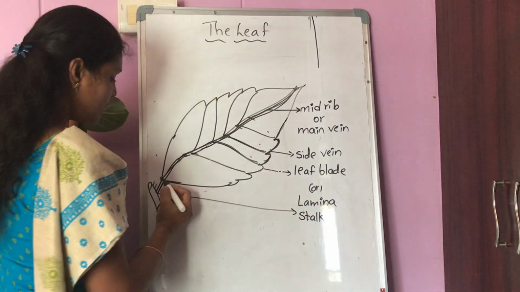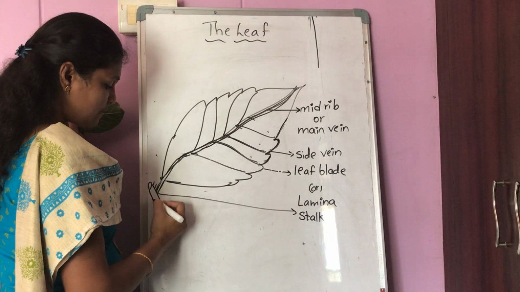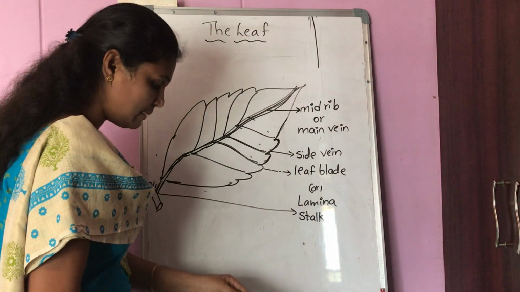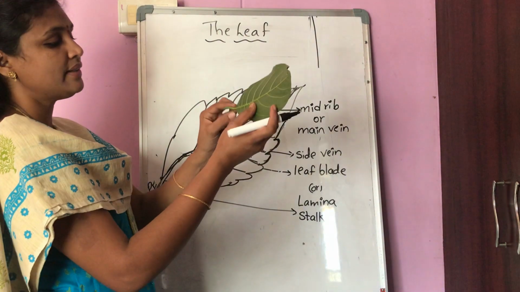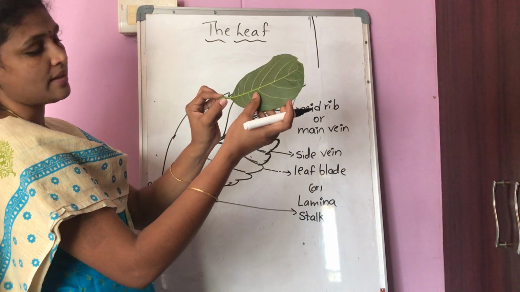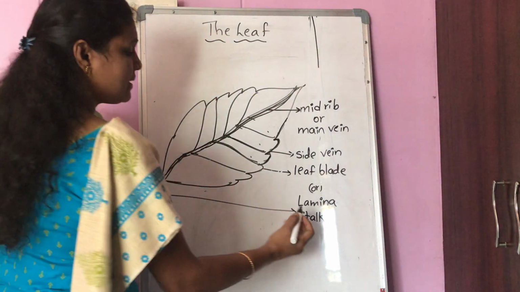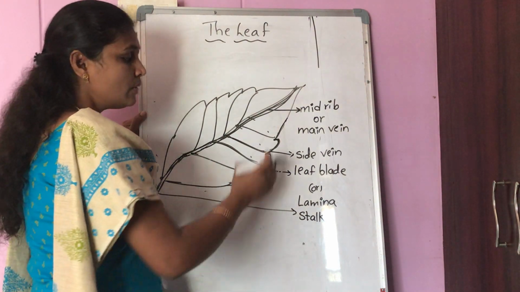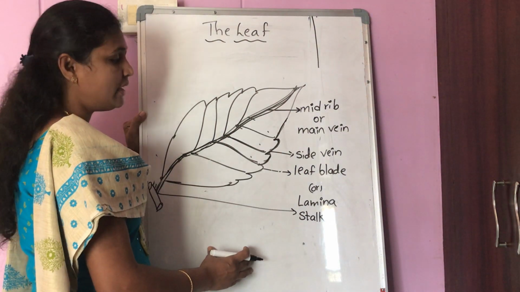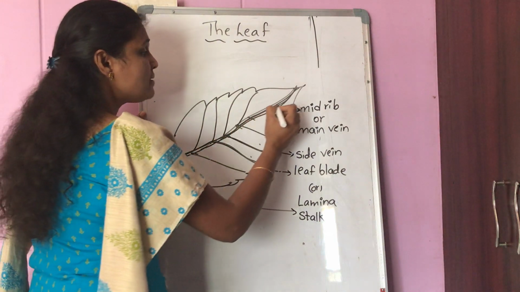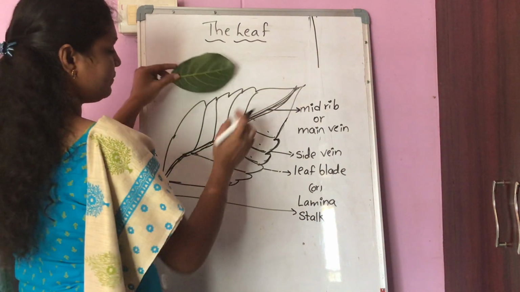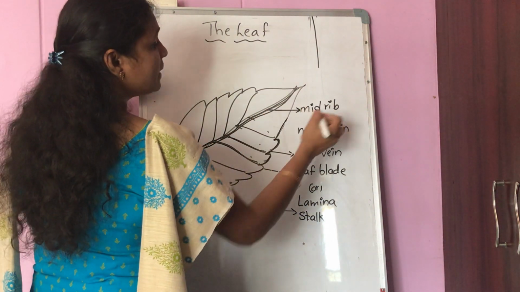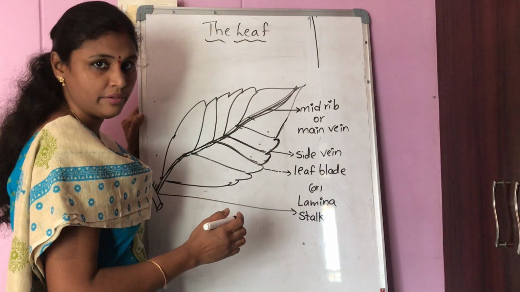And the other one, which is connected to the plant, is called the stalk. What is this called? Stalk. Okay. And what have we discussed now? Parts of the leaf. The line which passes through the center of the leaf we call the midrib or main vein.